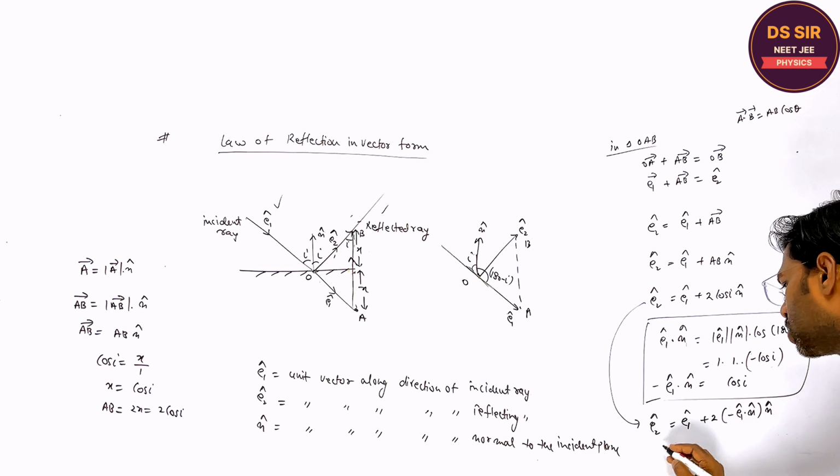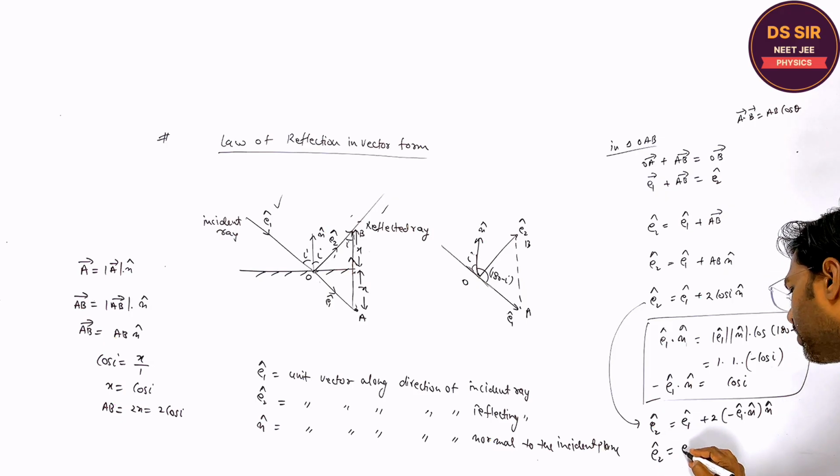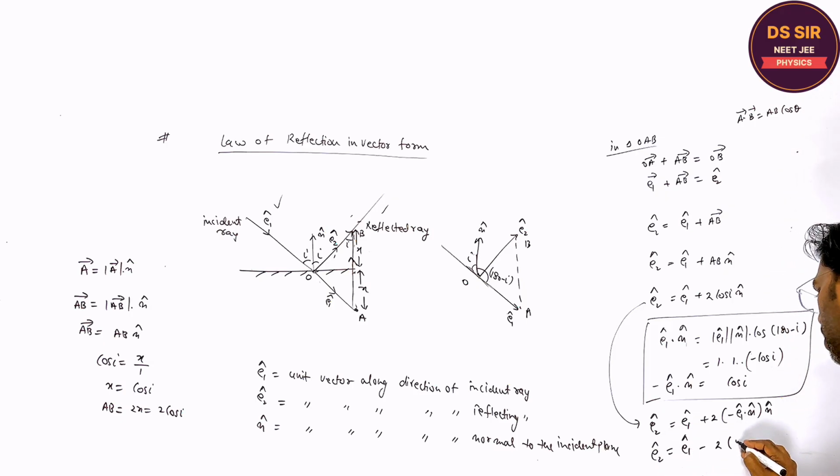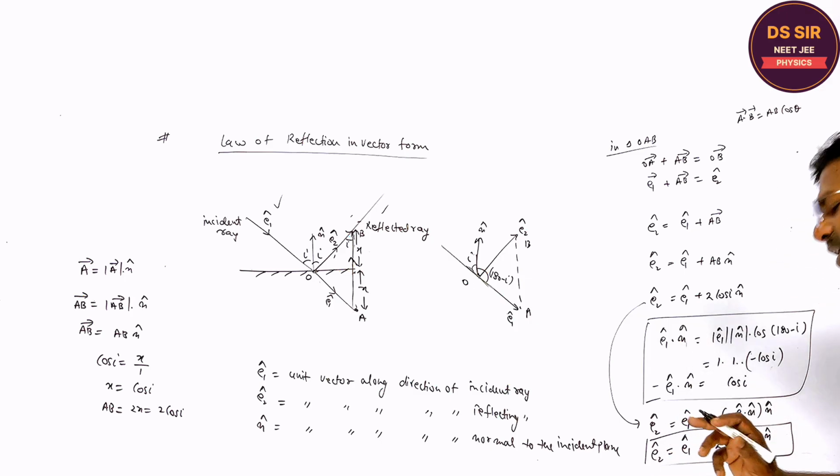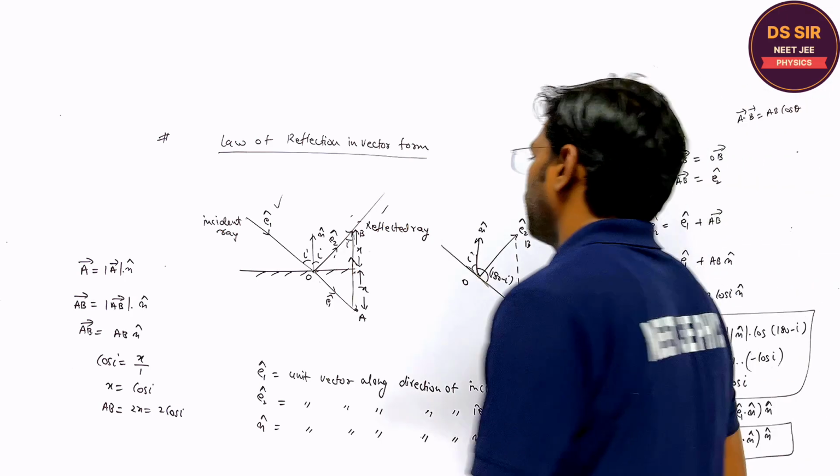Is it clear? So the final result you have to remember: E1 cap minus 2 E1 dot n cap, this is the dot product, into n cap, the unit vector in the direction of the reflecting surface's normal. This is the vector form of the law of reflection.